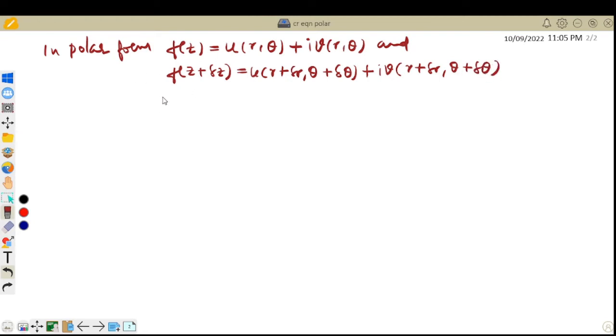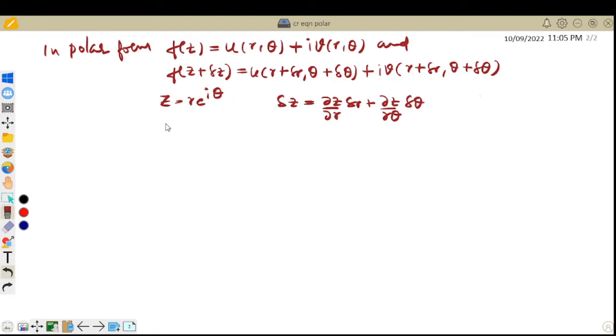Fine. Similarly, we know that z is equal to r e^(i theta). By using the total derivative rule, we know that delta z is equal to dou z by dou r into delta r plus dou z by dou theta into delta theta. That is the total derivative of z with respect to r and theta.